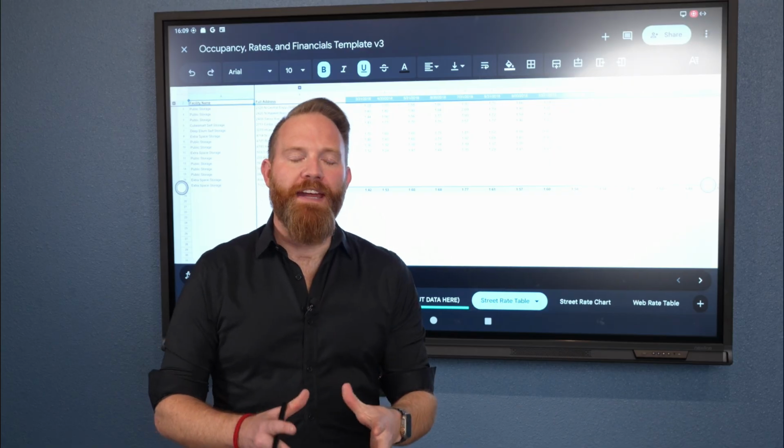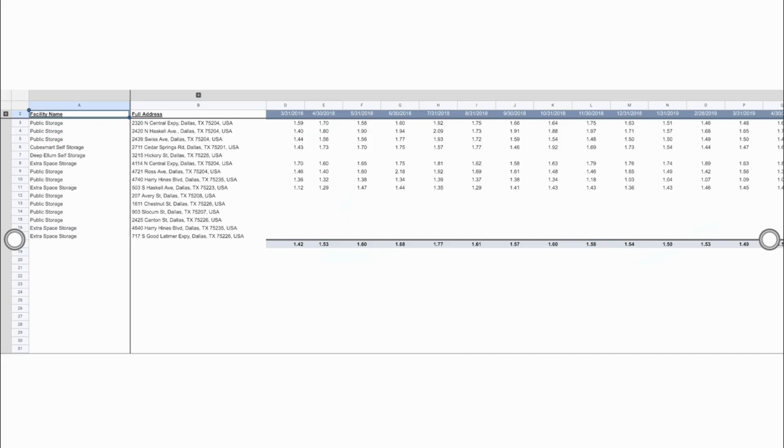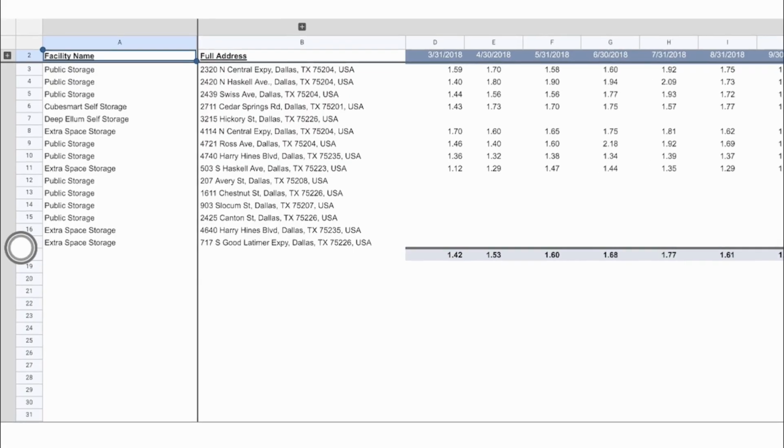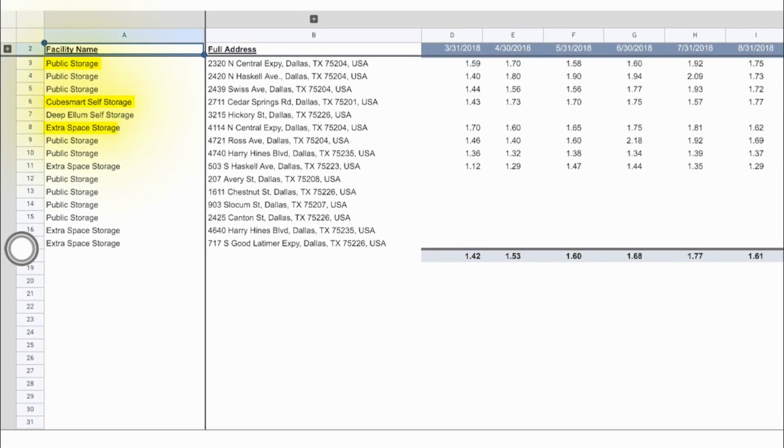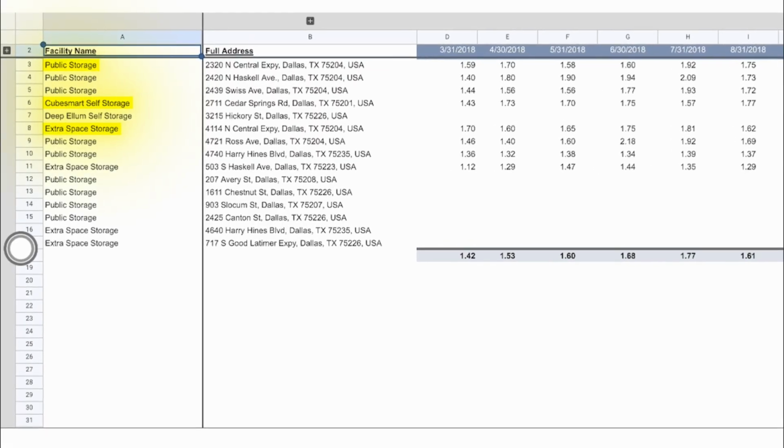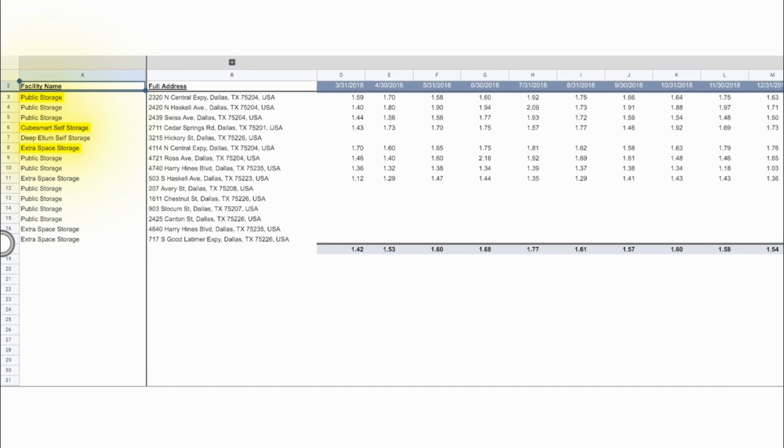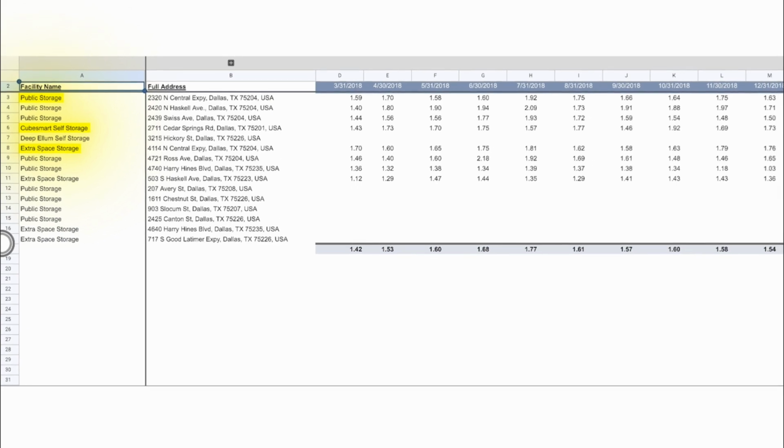How about a breakdown of the rates? Well, in this Dallas, Texas market, we can look at Public Storage, CubeSmart, Extra Space, and more, and we have a breakdown of their rates and the rate change and what that results in a revenue per square foot during that time. So how much revenue are they generating a square foot in this real estate?